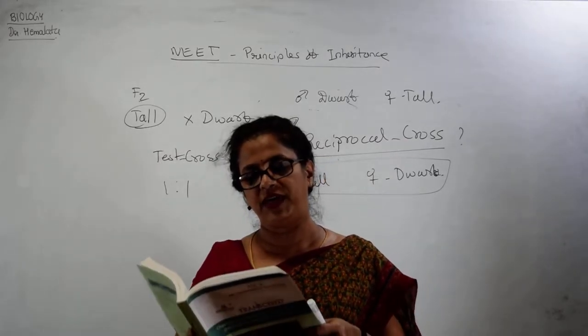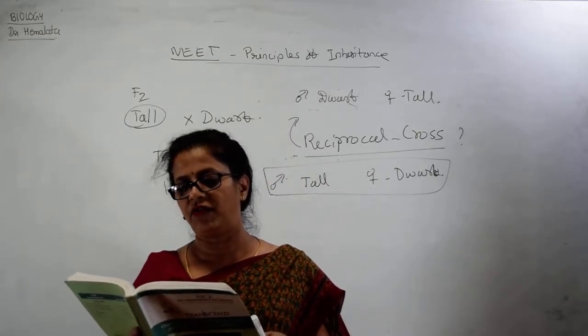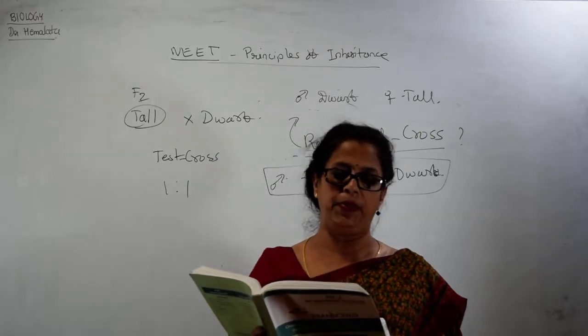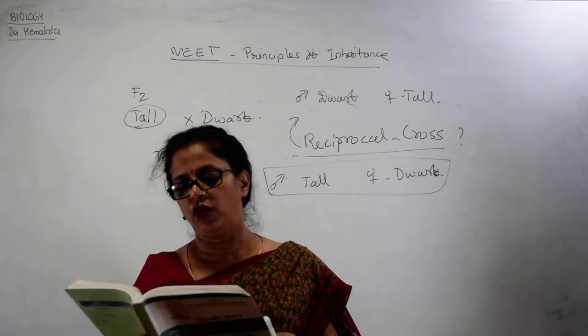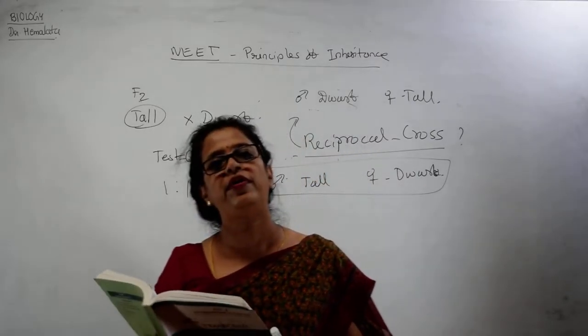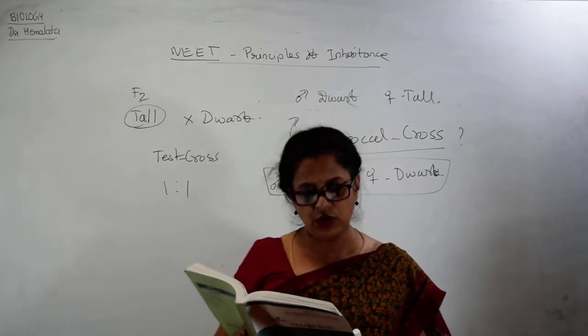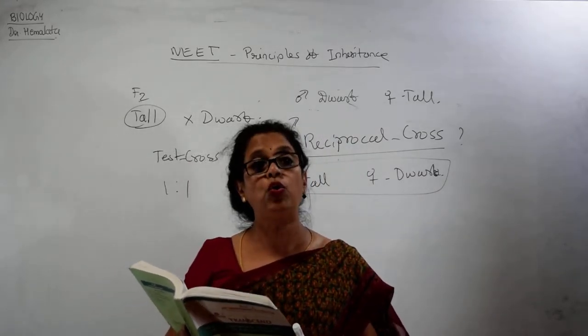When two pairs of traits are combined in a hybrid, segregation of one pair of characters is independent of the other pair of characters. The statement explains which of the following laws or principles of inheritance in Mendelism? So this is a very clear thing which we have discussed already. Then you can directly write it is the law of independent assortment. They are saying two pairs.